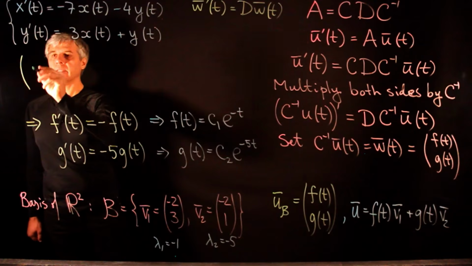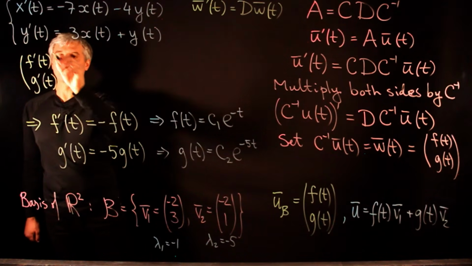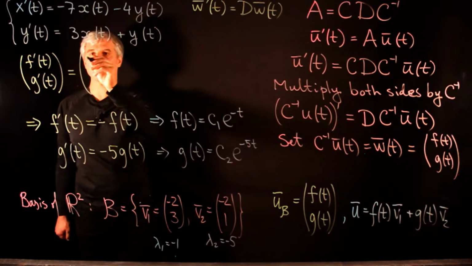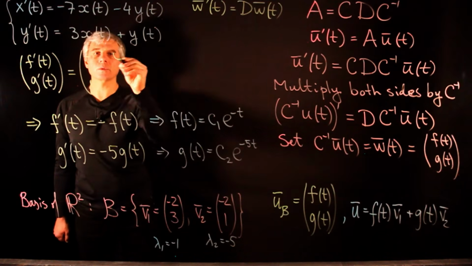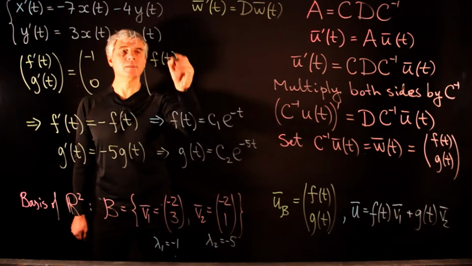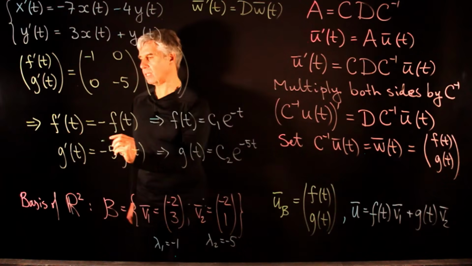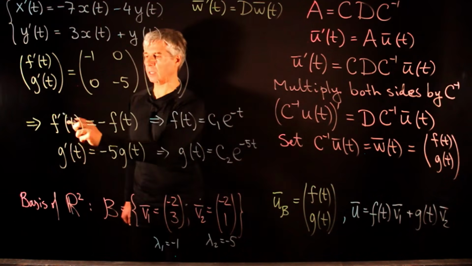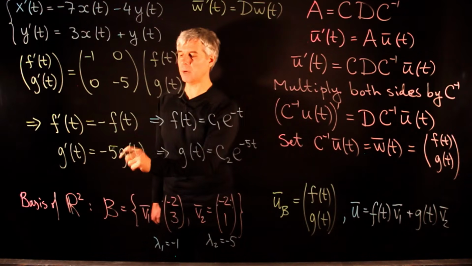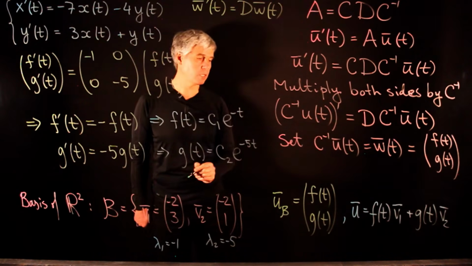So what we get is that f prime of t, g prime of t is equal to the diagonal matrix with eigenvalues on the diagonal, -1, 0, 0, -5, times f of t, g of t. And this equation immediately gives us that f prime of t is equal to minus f of t, and g prime of t is equal to minus 5 g of t. And again, we arrive at the same solution for f of t and g of t.